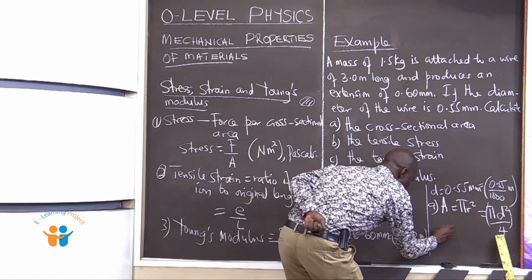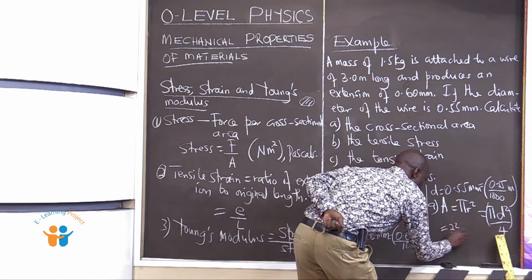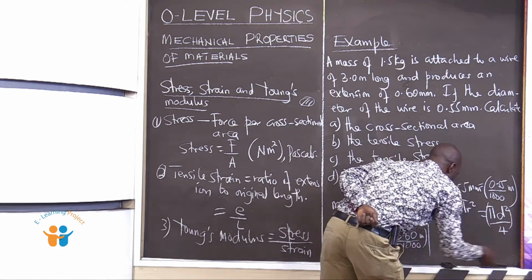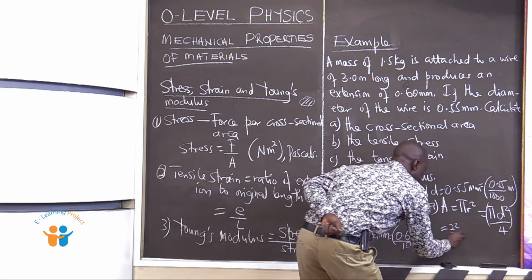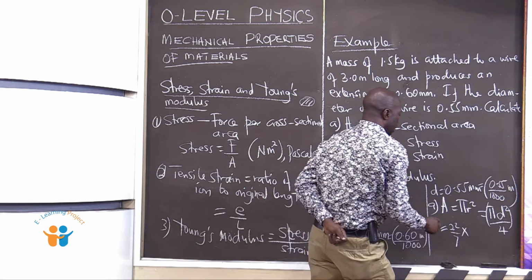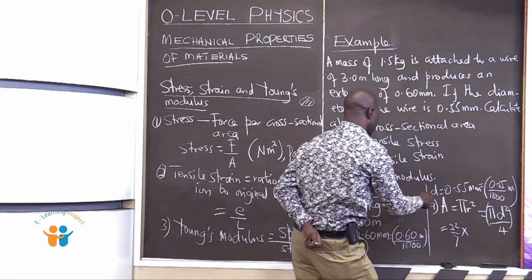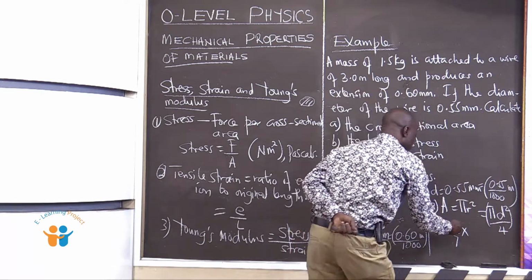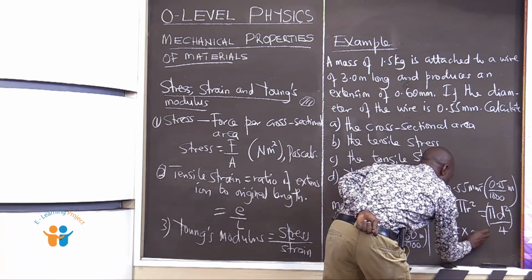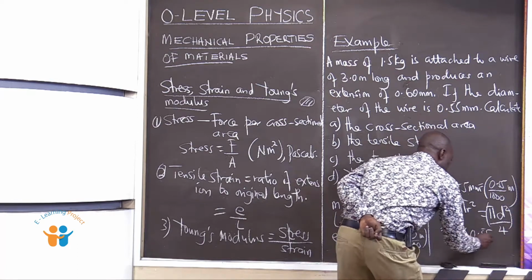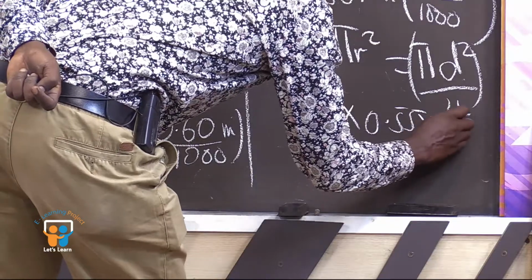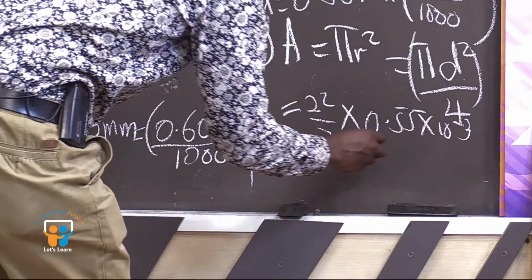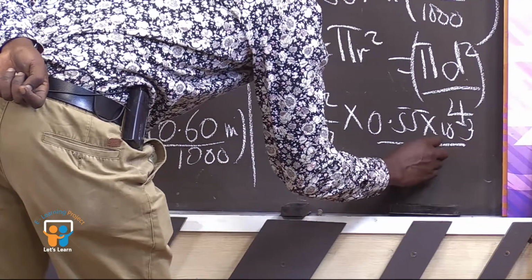So this will give us 22 over 7 times the diameter, which is 0.55 times 10 to the power negative 3, which is dividing by 1,000, all over 4.